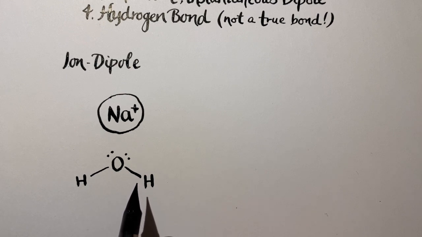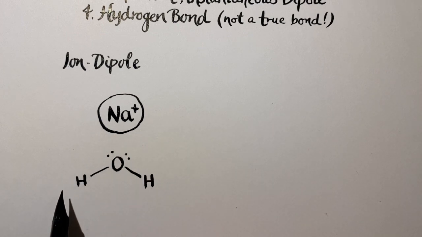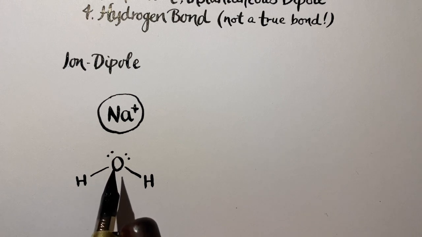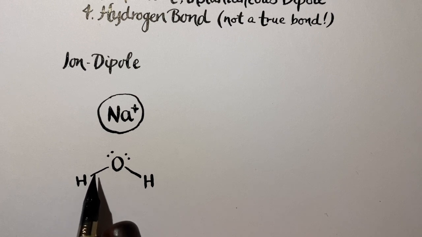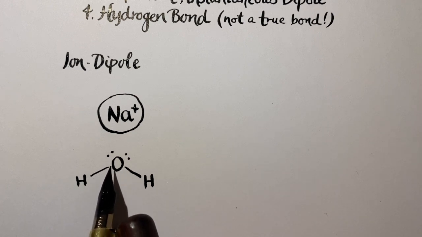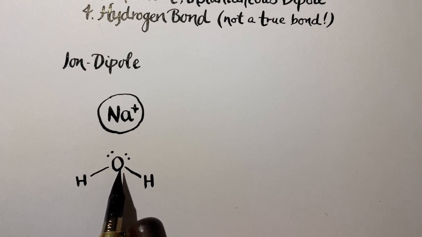So when you think about electronegativity, you are looking at a whole molecule and how does one atom compare to another in terms of how good it can pull that electron density, and if it is better than the other atom, which is the case here.